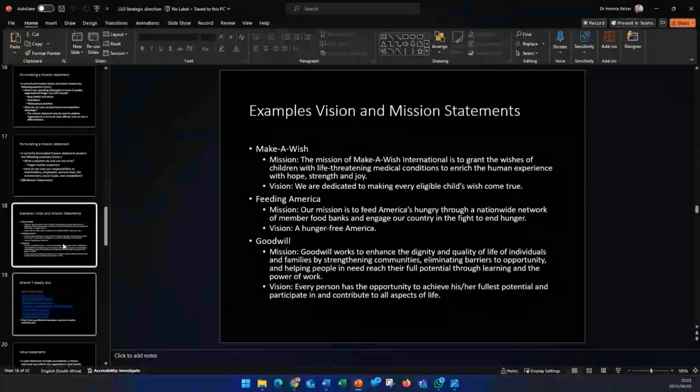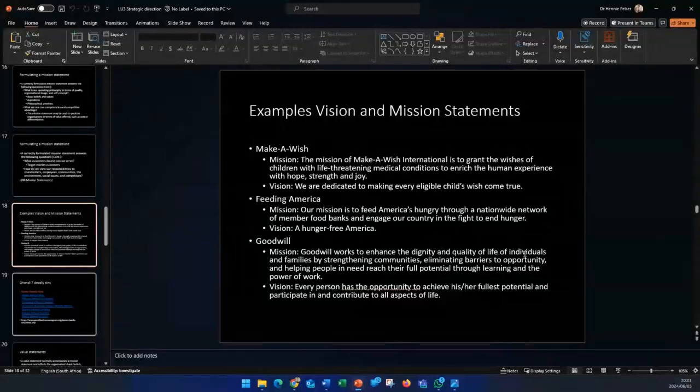What I would do, so let me show here, sorry to interrupt. Vision and mission statements. So I'm just going to steal the Goodwill mission statement. Okay, dignity of life, and then I'll go one that answers the first question. Two, in terms of this, this is not the greatest mission statement, but you'll find where it answers question one, where it answers question two. For example, you could say that that's their philosophy around the full potential.